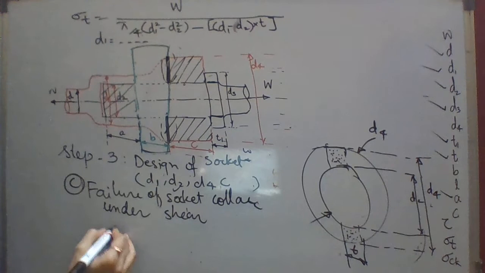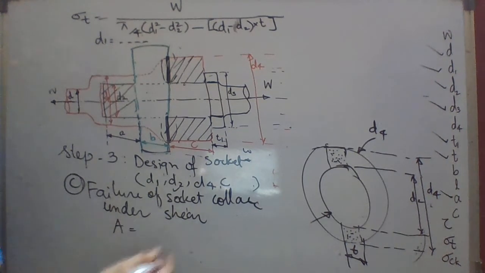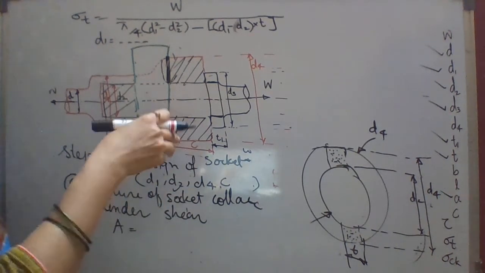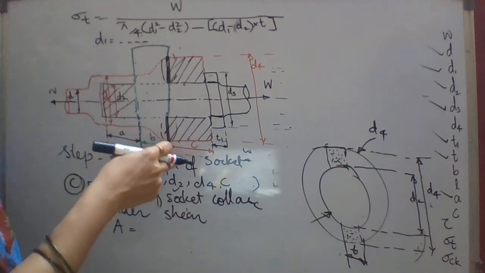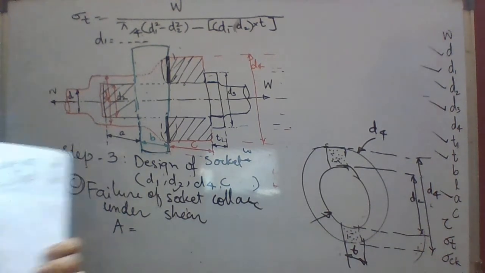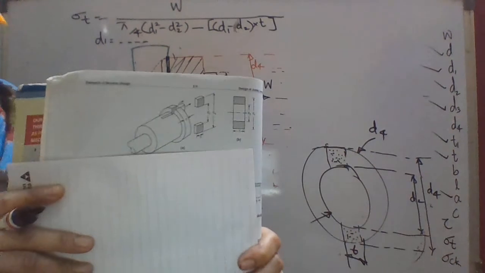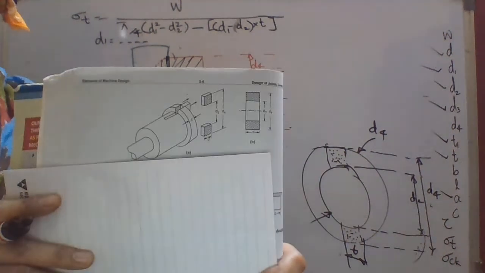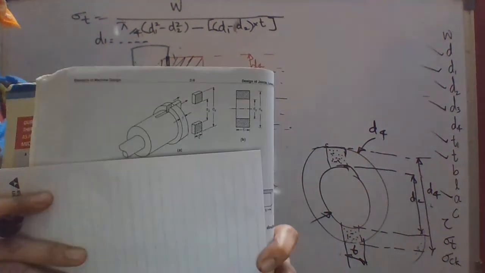So how much will that area under shear be? What plane is visible in this view? In the front view that plane is visible. If you want to see its 3 dimensional view, in the book that is given, the 3 dimensional view of shearing of the socket collar is like this.